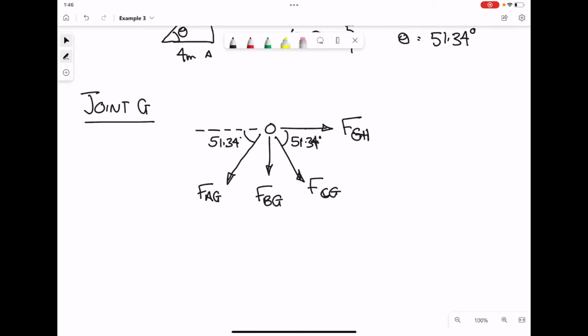Now doing the vertical and horizontal resolve on this joint. All the forces are acting downwards, or some of them are partially acting downwards. So we've got minus force AG.